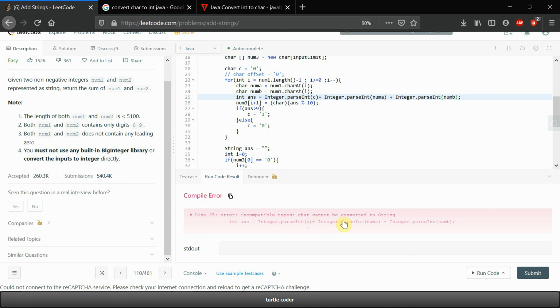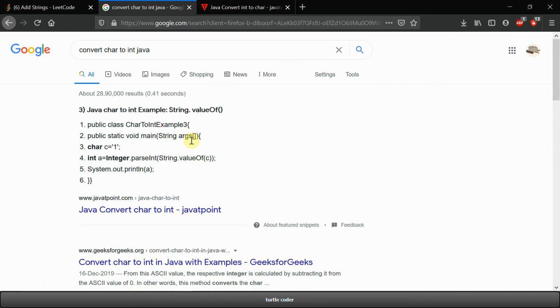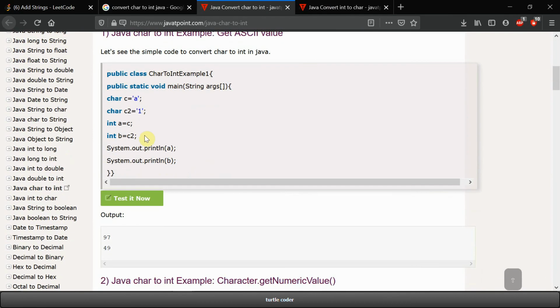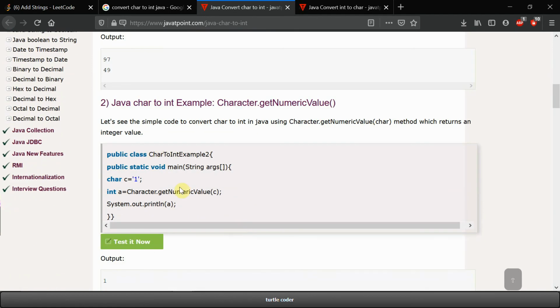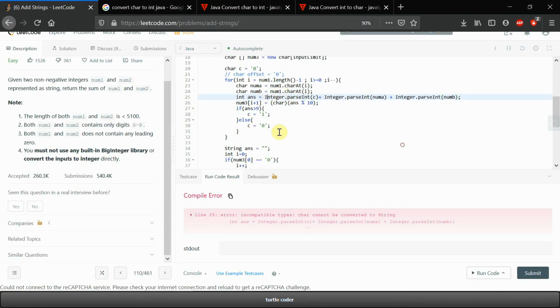Character cannot be converted to a string. What the hell? Okay. So the best thing would be Character dot getNumericValue. I should be using this one. Character dot getNumericValue should be used.